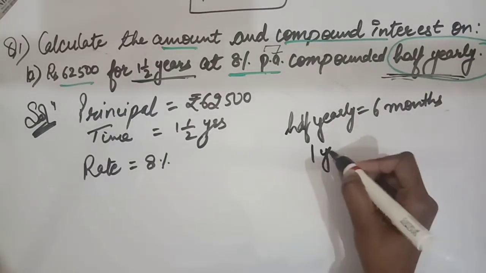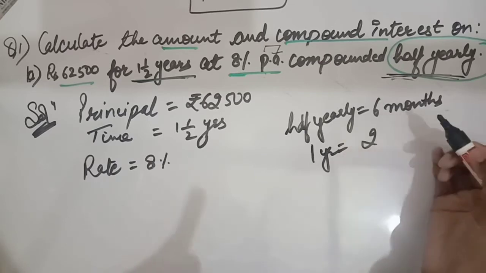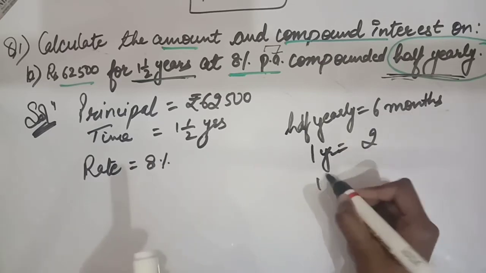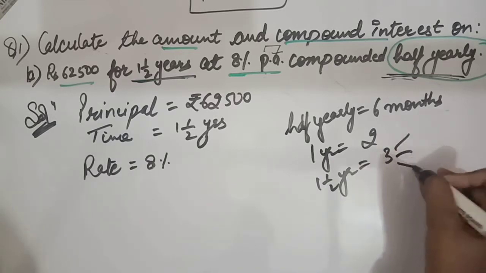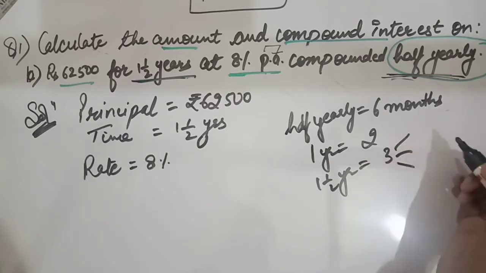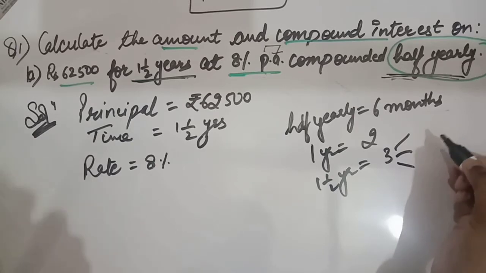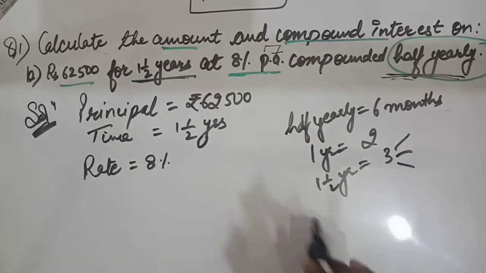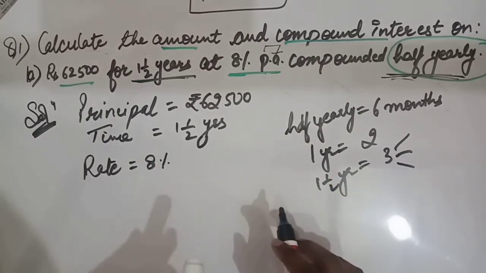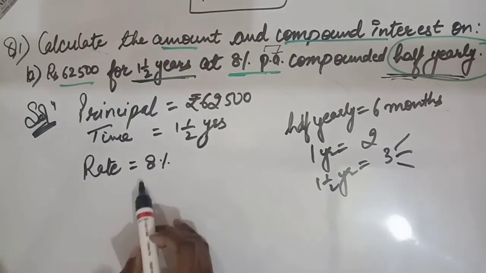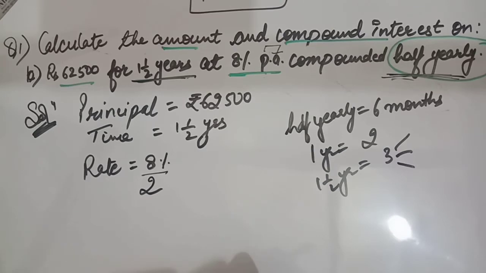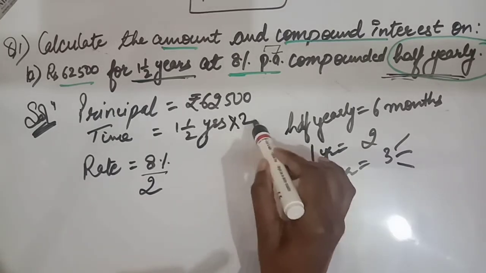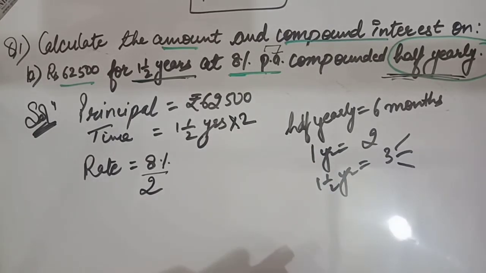In 1 year, there will be two 6 months. In 1.5 years, there will be 3 6 months. We can divide 1.5 years into 3 6 months, right? So, for calculating this, we will divide rate of interest by 2 and multiply our years by 2, right?